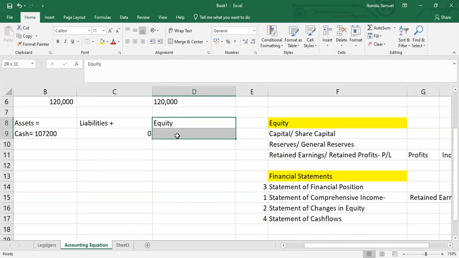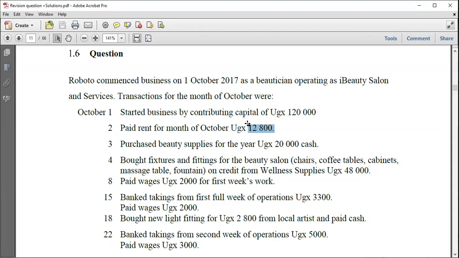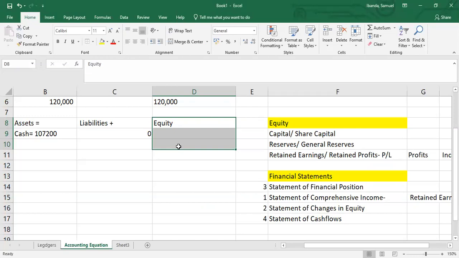You get it? So in this example, they're telling us that they had rent to the tune of 12,800. What we shall do is, when you look at our asset equation here, rent will affect equity. Now, since it is an expense, expenses affect equity negatively, because expenses reduce our profits.